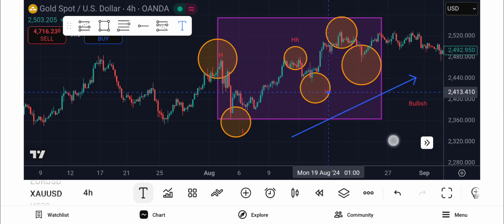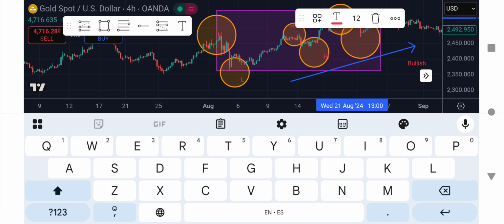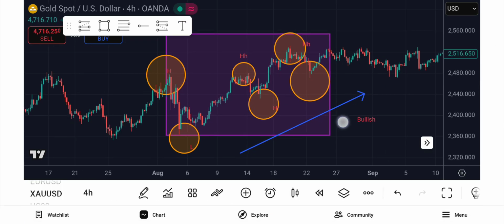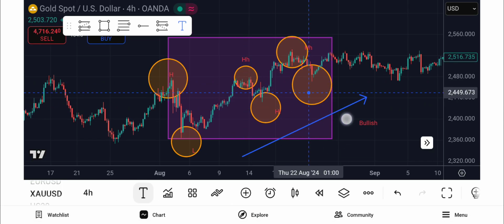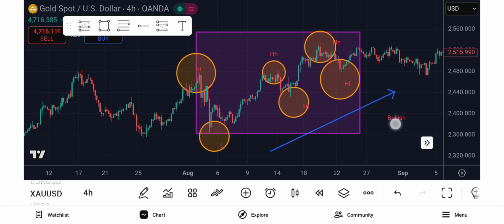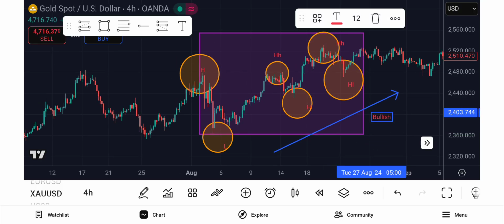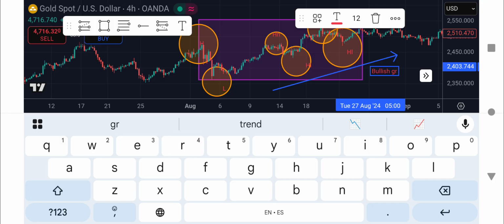This higher low broke this high and formed this new high. It's like a zigzag, it just does the same thing over and over again. Then this high came back down and formed this higher low. We're really focused on the box, so I'm not worried about anything else. So that's how you know that it is a bullish trend.